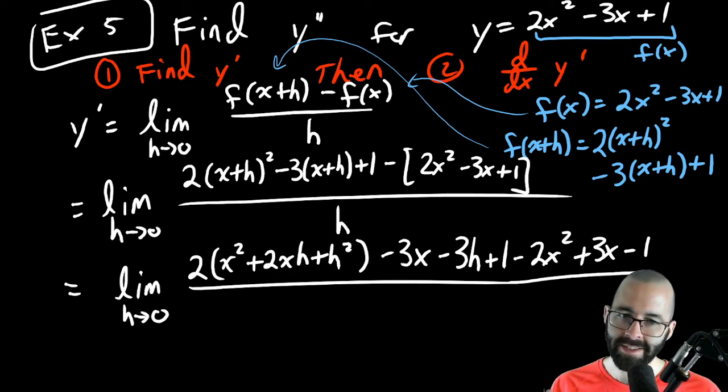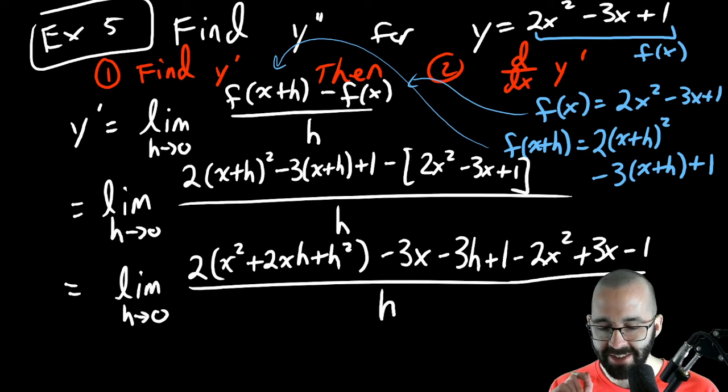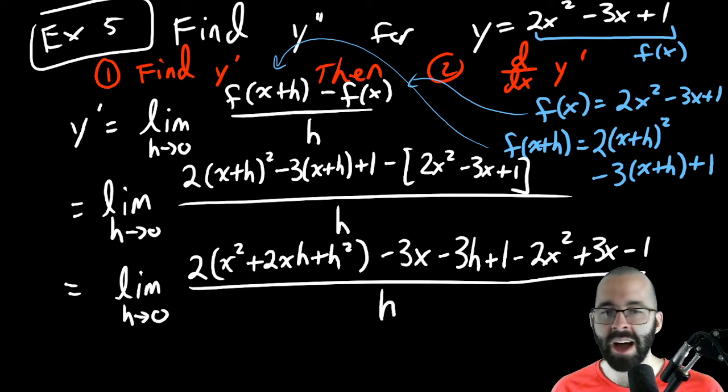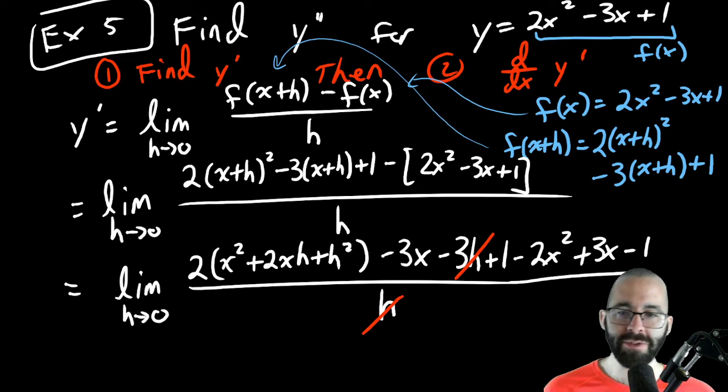And don't worry, the numerator is a little messy, but the denominator is great. I'm going to make a mistake, and I want you to think about what the mistake is. I say, perfect, the h's cancel. Don't write that down. They don't. What's the mistake here? Why can't we cancel?